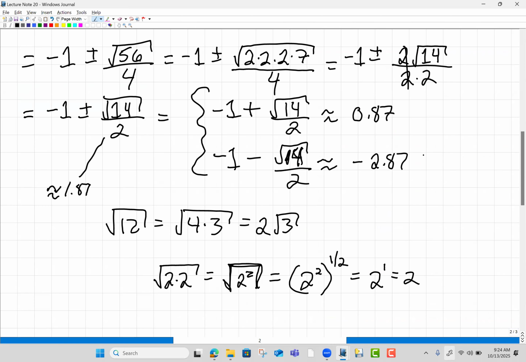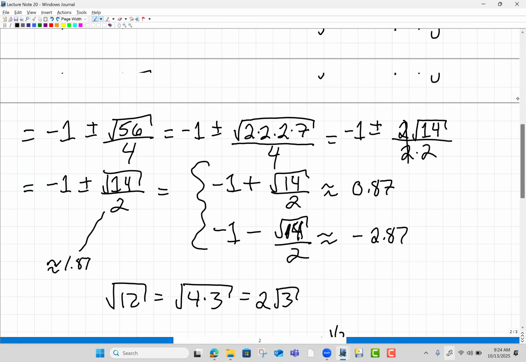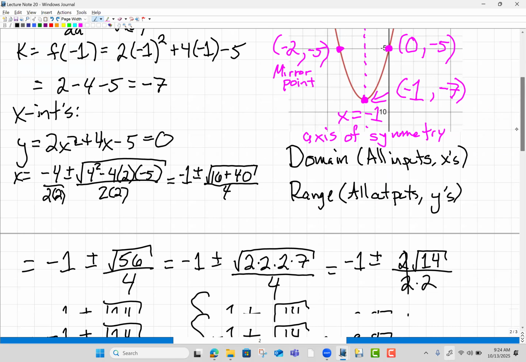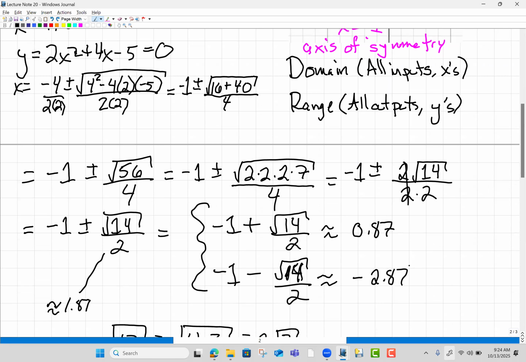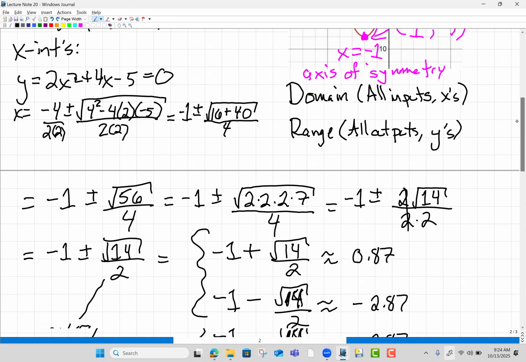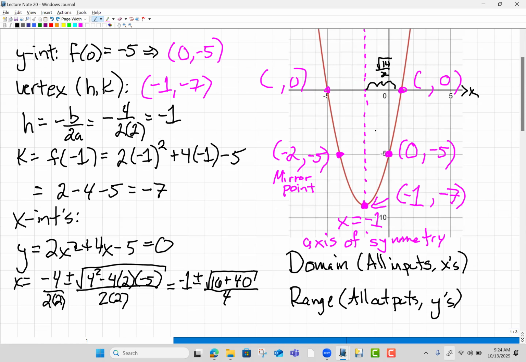So that's what the values approximately are. If I start with the -1 and I add or subtract this guy, which kind of makes sense. This is a little less than 1, pretty close to -3, right?